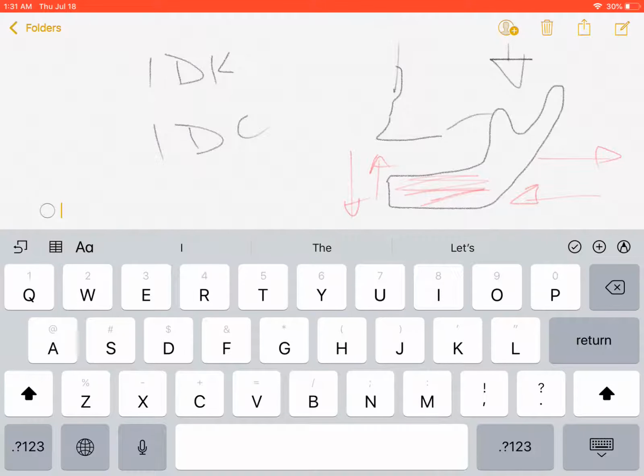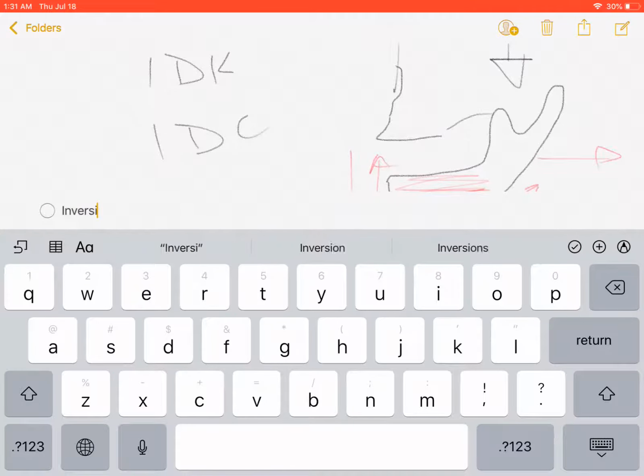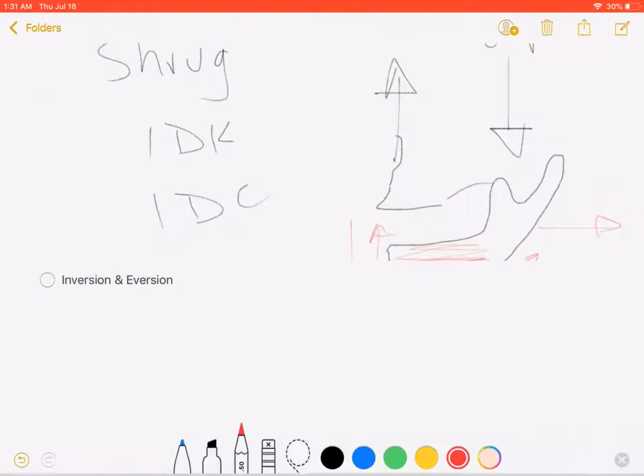Now let's look at inversion and eversion. You can do this with your feet. Let me see if I can draw this nicely.